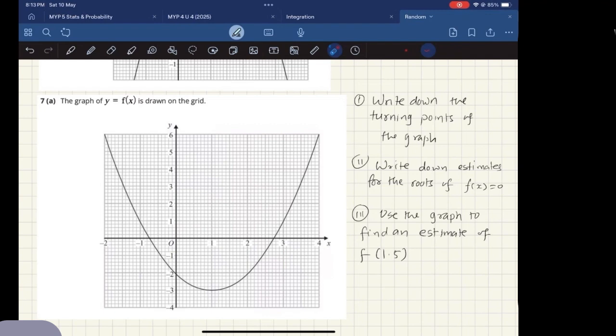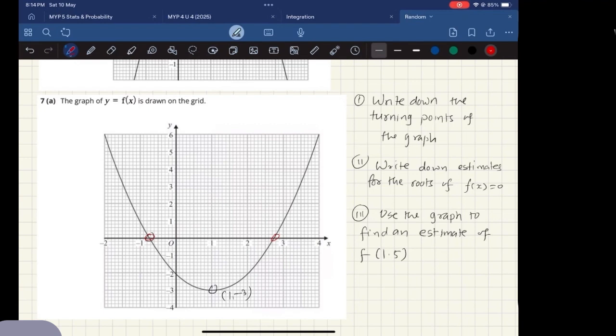Okay. Done. Yeah, that's going really very good. So what's the turning point? 1, minus 3. Yeah, that's correct. And f(x) equal to 0? It's minus 0.70 and 2.70.